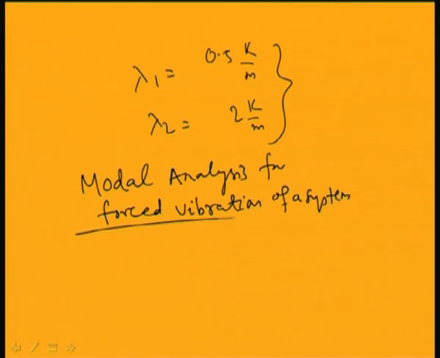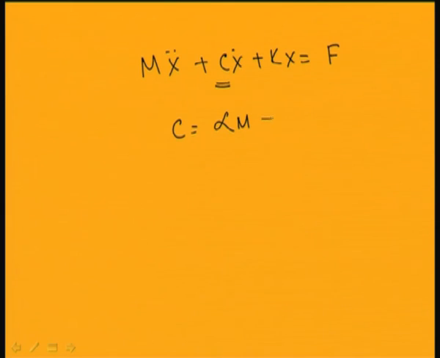So, in case of forced vibration, the equation of motion can be written in this form: m x double dot plus k x equal to f. This is for an undamped system, and if damping is present in this system, then it can be written in this form: m x double dot plus c x dot plus k x equal to f. Generally, while solving this multi degree of freedom system, this C matrix, this damping matrix, is written as alpha m plus beta k.